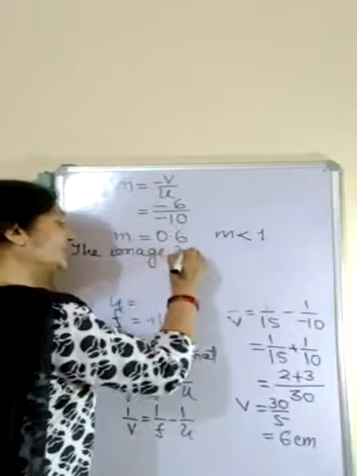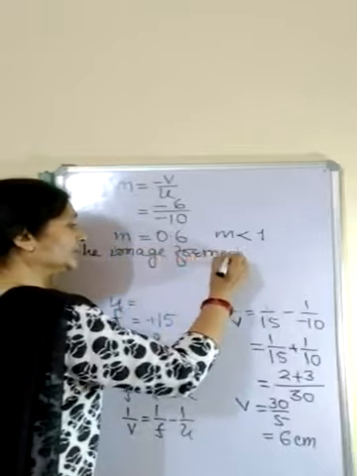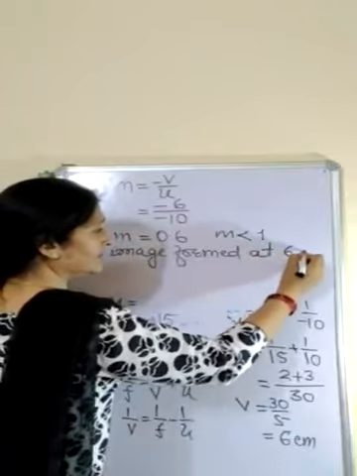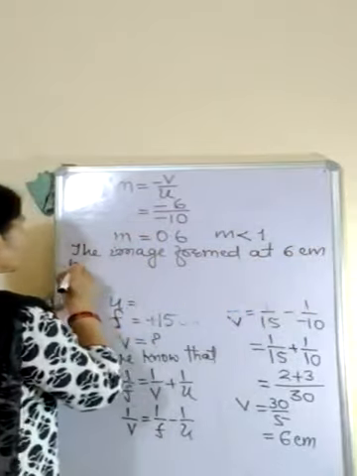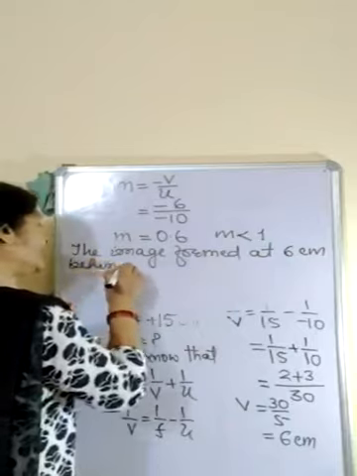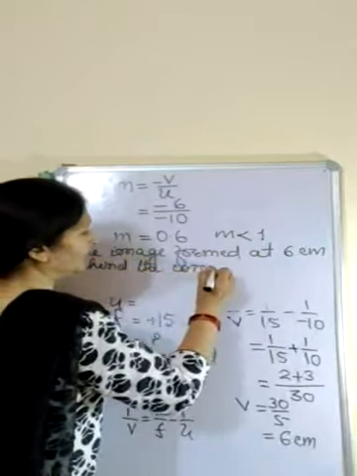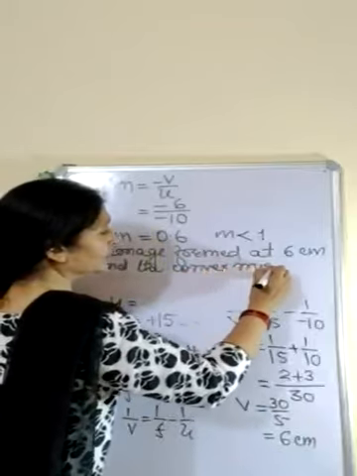The image formed at 6 centimeter behind the mirror, behind the convex mirror.